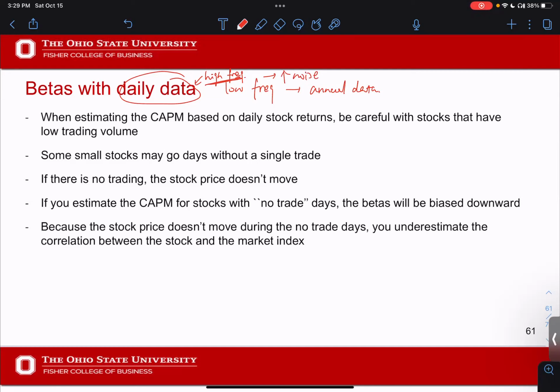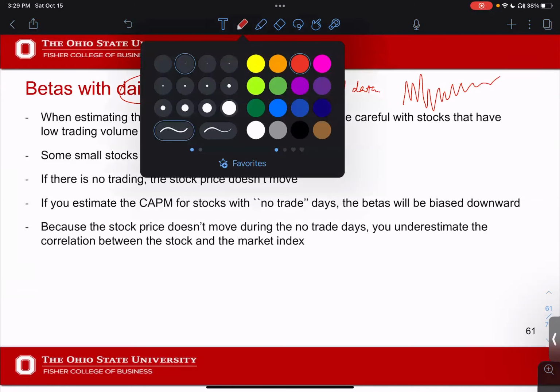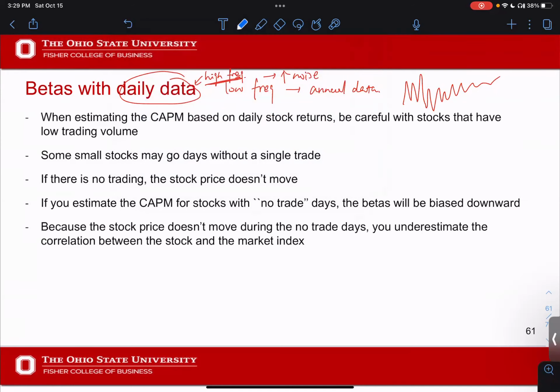It's easier to think intuitively: if you have very high frequency data, the price tends to move around a lot. But if you aggregate to, for example, yearly frequency, the up and down might be canceled out in the middle.